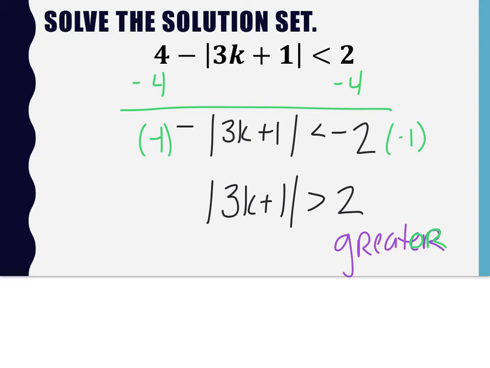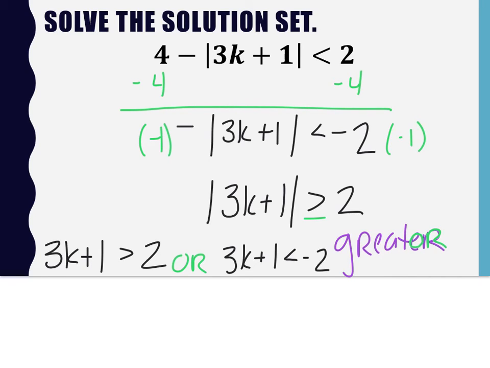So the two inequalities you're going to solve: 3k plus 1 is greater than 2, or, because it's greater than, 3k plus 1 is less than, flip the sign, negative 2. So one inequality is the one that you have, just drop the absolute value, and for the other you flip the sign and make the number negative 2, and it's an or statement. So when you're graphing that, you're going to be shading an or statement.